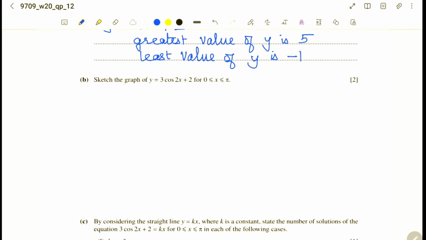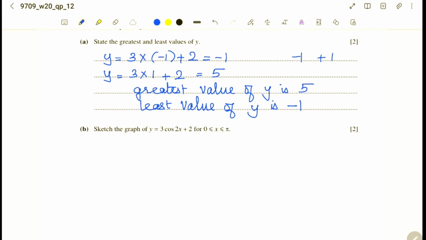Next, sketch the graph of y is equal to 3 cos 2x plus 2 for 0 less than or equal to x less than or equal to pi. To sketch the graph, first let's take x values and find out the corresponding y values.